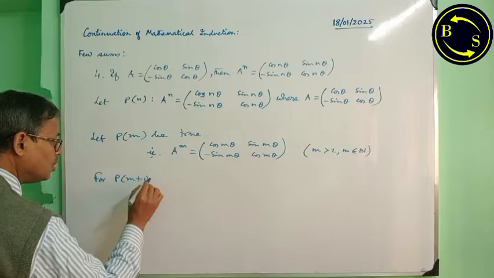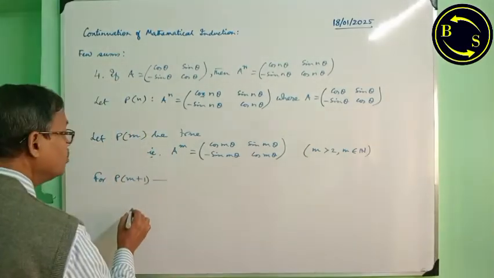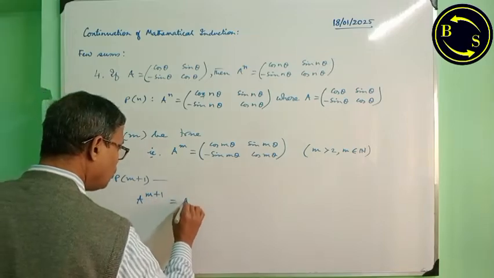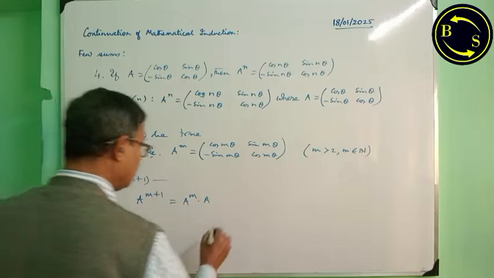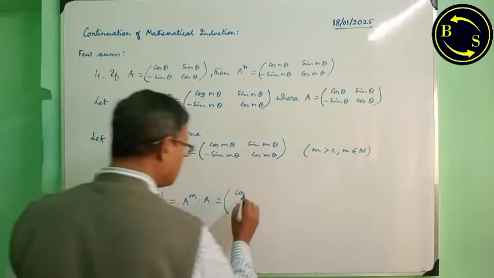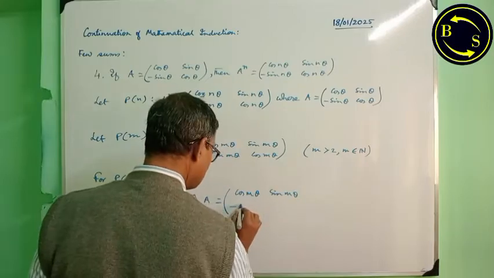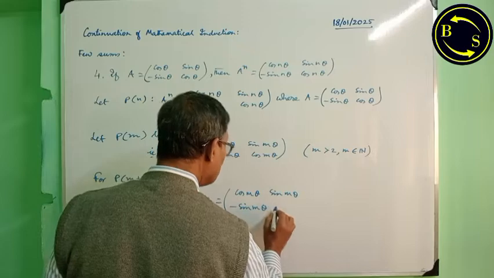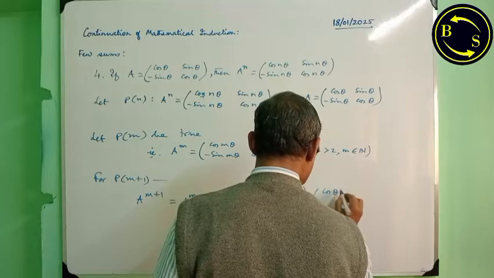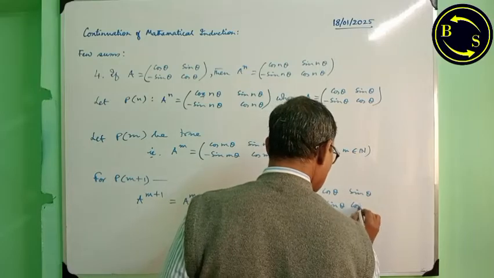For Pm plus 1, already it is mentioned that we have to show by actual calculation A to the power m plus 1 is equal to A to the power m into A. Already for this we have cos m theta, sin m theta, minus sin m theta, cos m theta, into cos theta, sin theta, minus sin theta, cos theta.